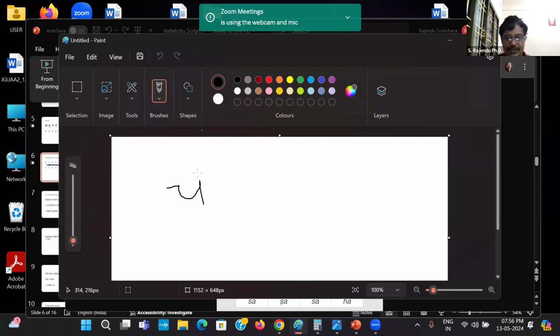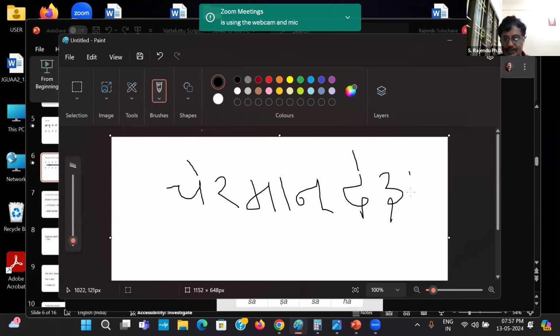Cha in Devanagari. Che, Ra, Ma, Man, Deshaprapyam. De, Sha, Pra.